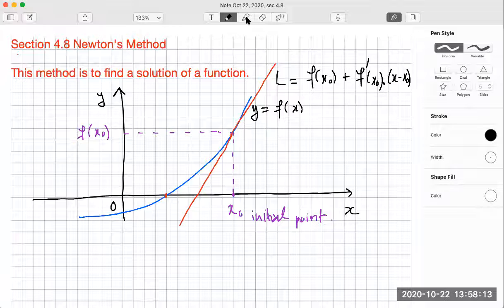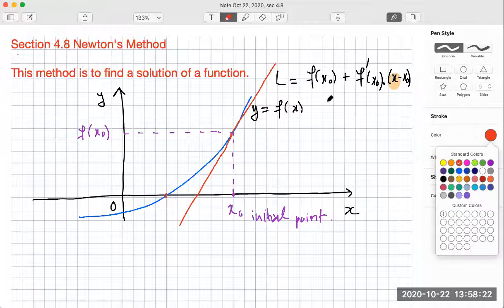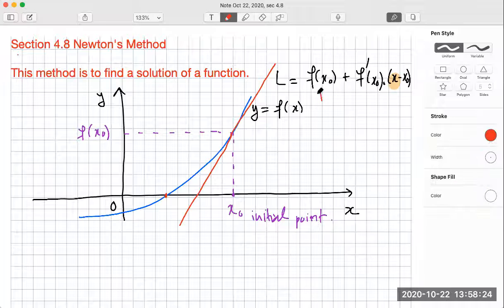From this line, this is a linear line where f of x0 is a constant, right? f prime of x0 is also a constant, and we can also find this value. And x0 is a given point.